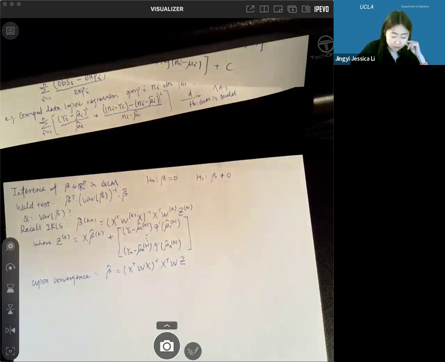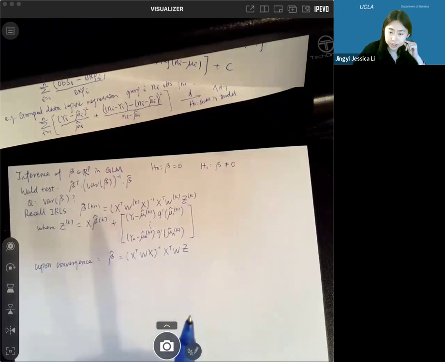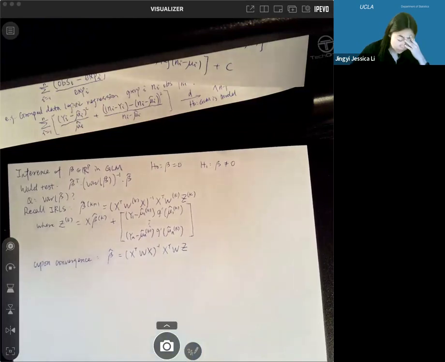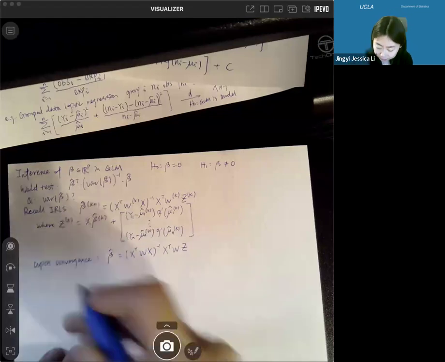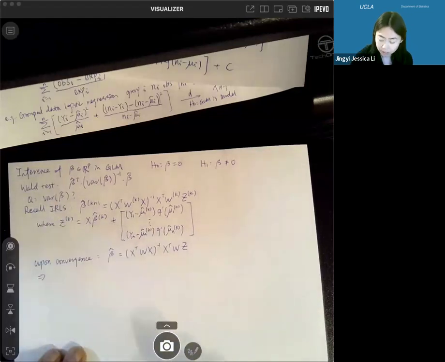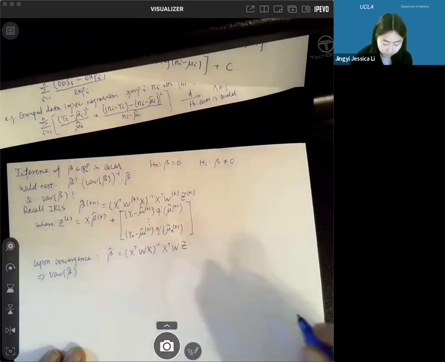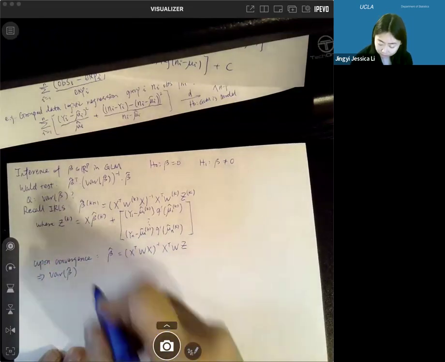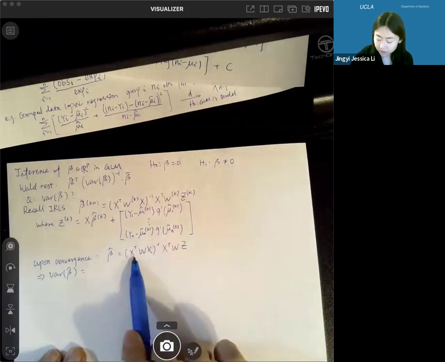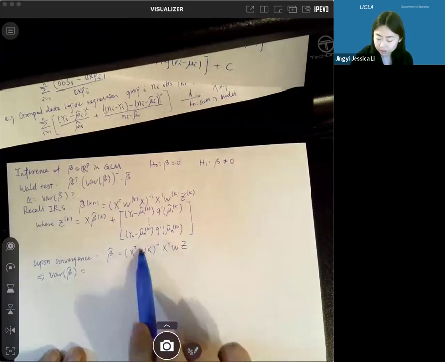Okay, so in this case, if we use this end result from the convergence of the iterative reweighted least squares, then we can have the variance covariance matrix of beta hat as, so everything here is considered to be fixed.